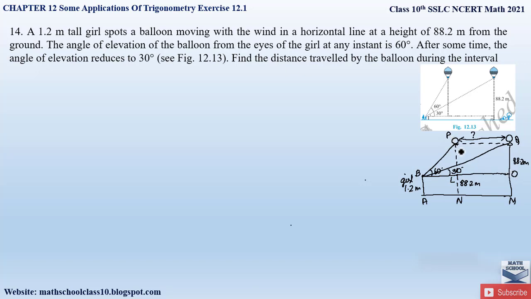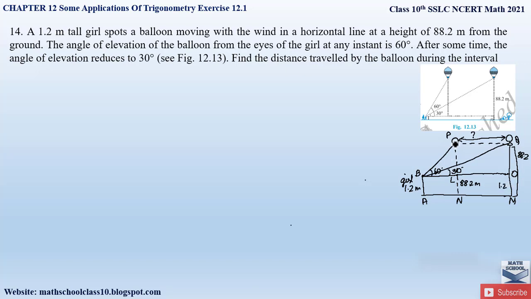Now we can observe that this line PN is parallel to QM. Similarly, this PL will be parallel to QO. The whole distance from the balloon to the ground is how much? 88.2 meters. Whereas here you can observe that this line AB is parallel to OM, so this OM will also be equal to how much? 1.2 meter, right?